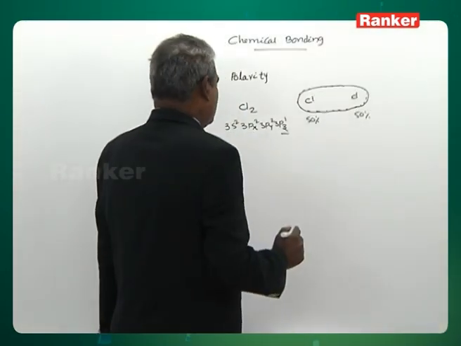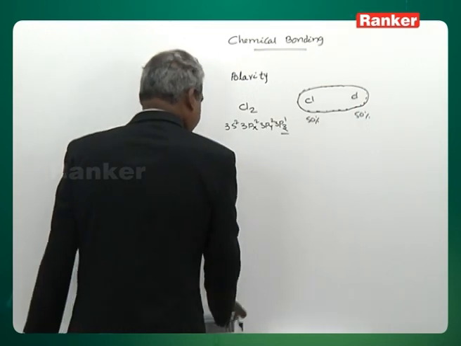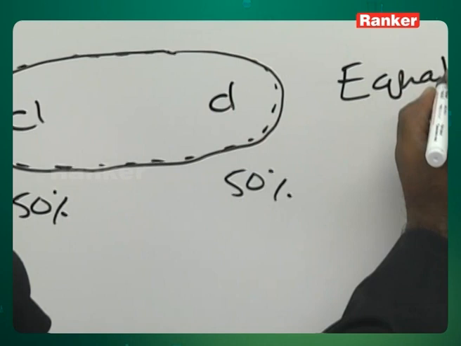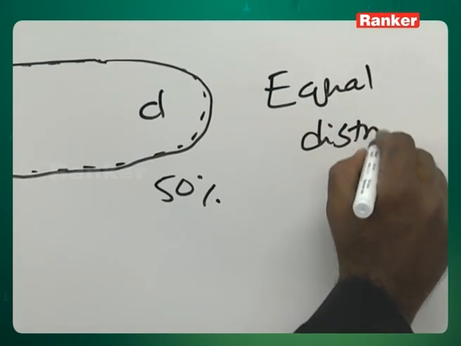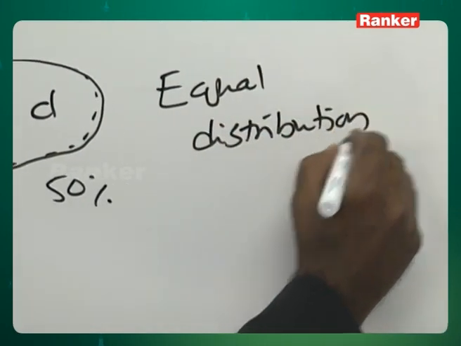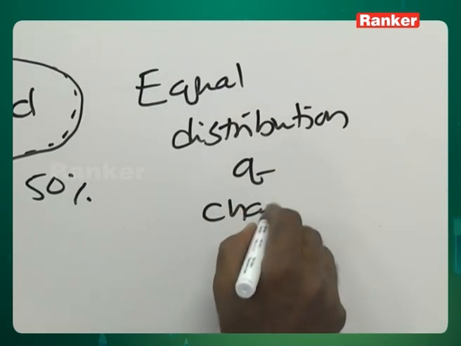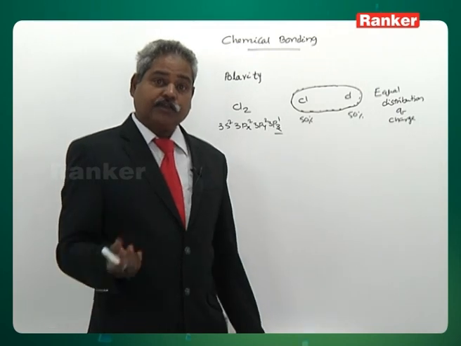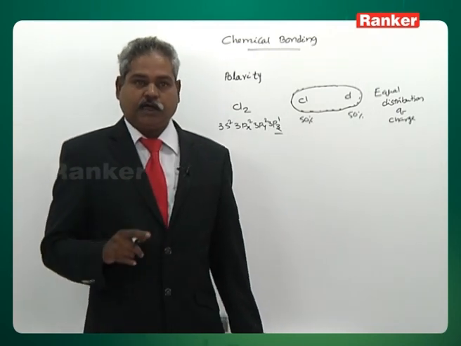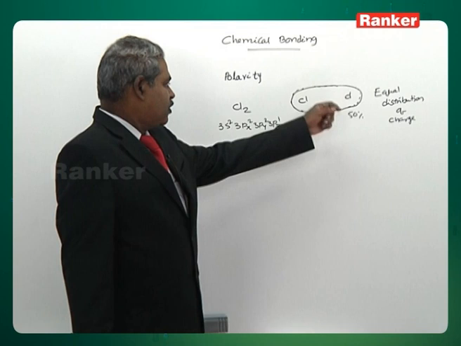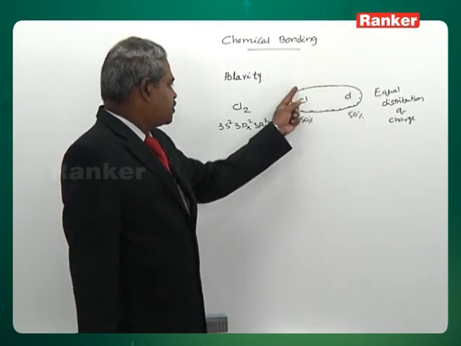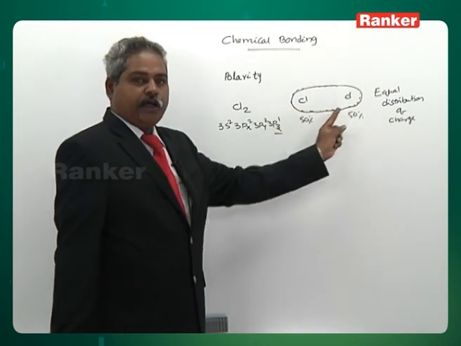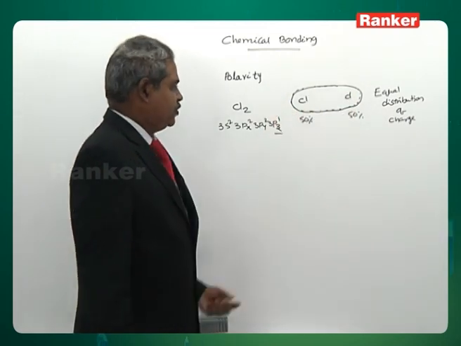Equal. So, this is equal distribution of charge. And equal distribution in terms of what? In terms of time spent by the electrons around each nucleus. If the electron spends 1 second there, the next second it will spend here, and the motion is almost uniform. Electrons are moving with uniform velocity, you can say.